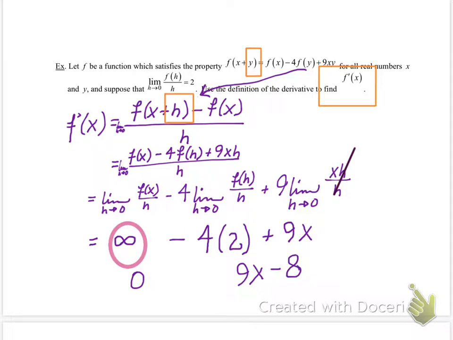But because f of x is undefined, then we need to stick with this infinity answer, or the limit does not exist, in the words of Lindsay Lohan. And if you don't know that, you need to go get yourself some education.